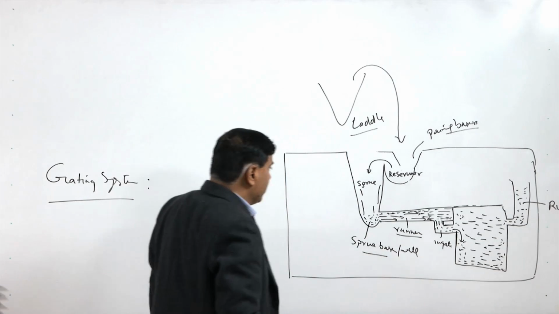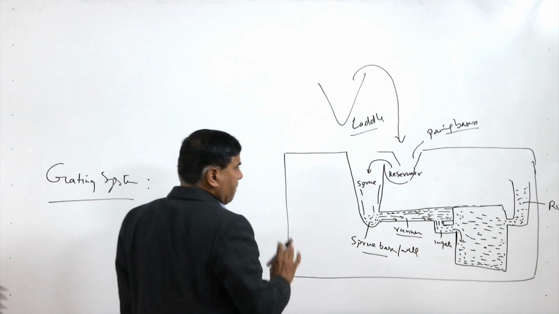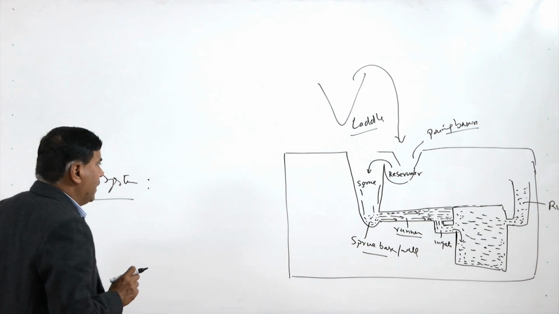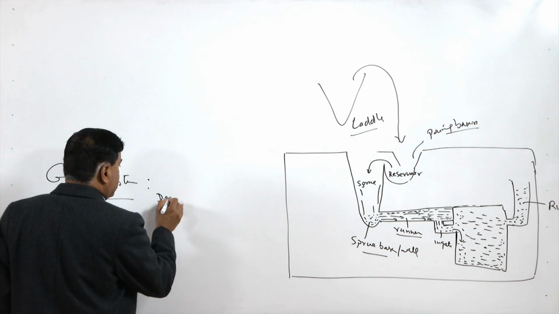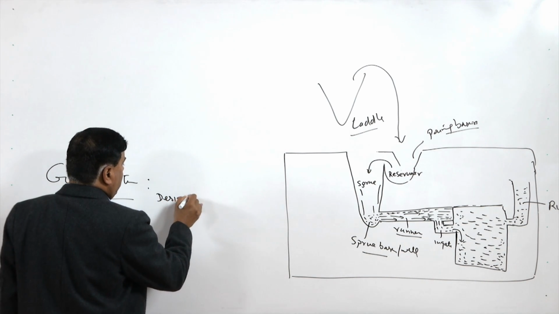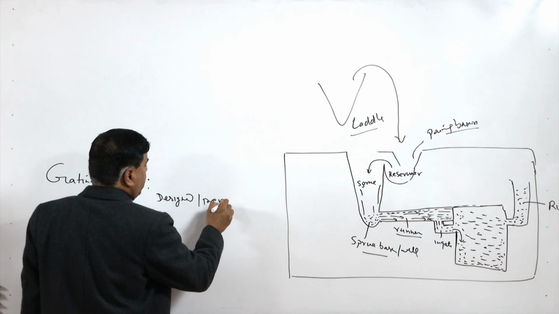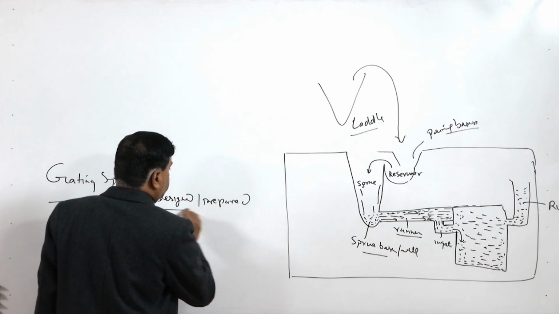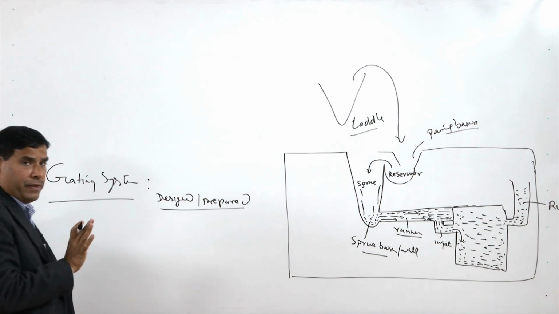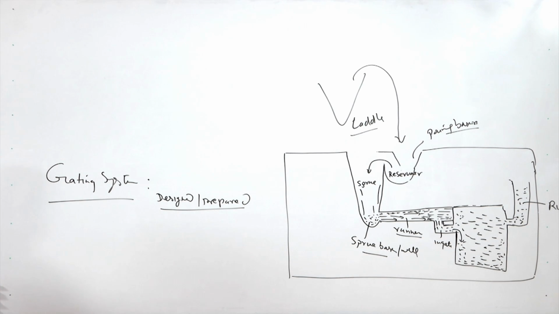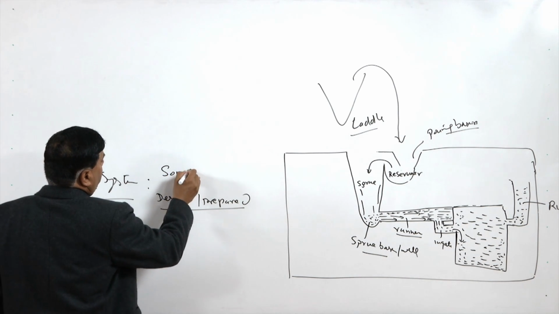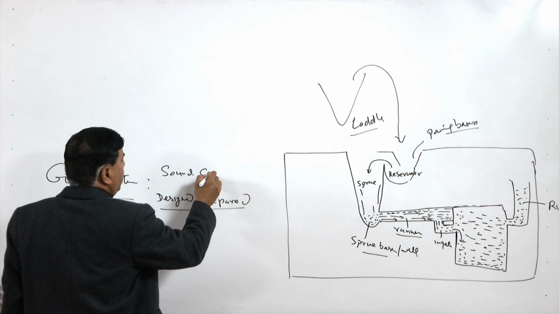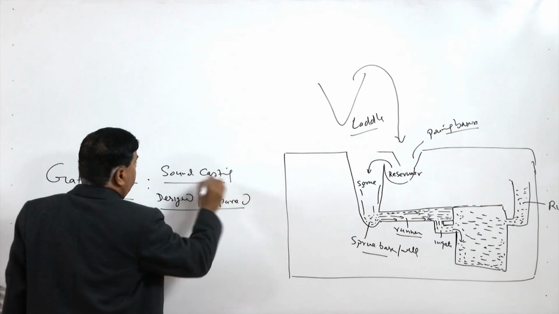So, these are the different elements of a gating system, and these are designed and prepared in such a way that they perform certain functions, so that the main goal of producing sound, defect free casting can be met.